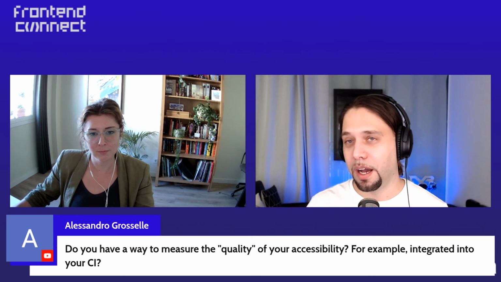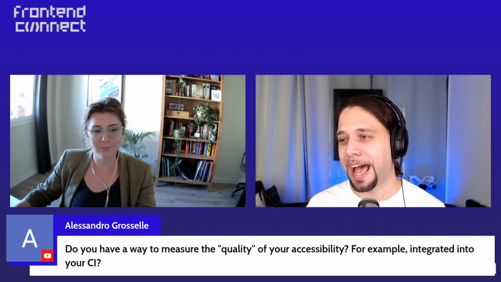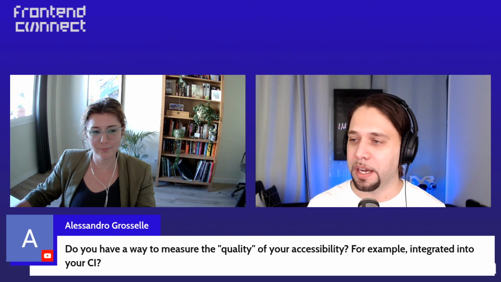Yeah, you can integrate a lot of tests in the CI, but just to reiterate, you can do a lot of automated tests. You have tools, you have Axe, you have a lot of packages. If you look for Axe Core, you're going to find node packages that you can integrate into CI/CD tools. And you can also use Lighthouse.